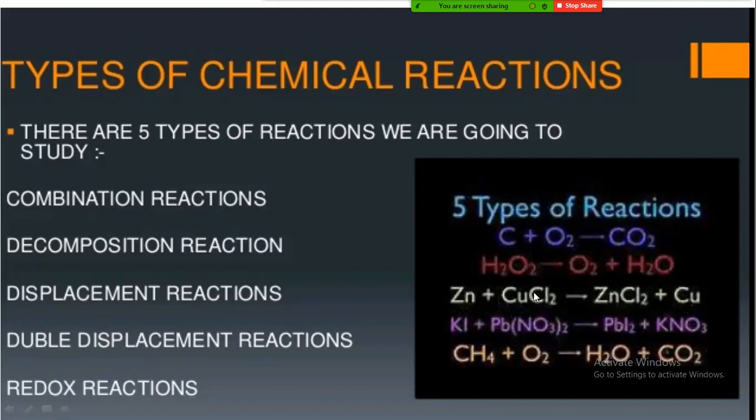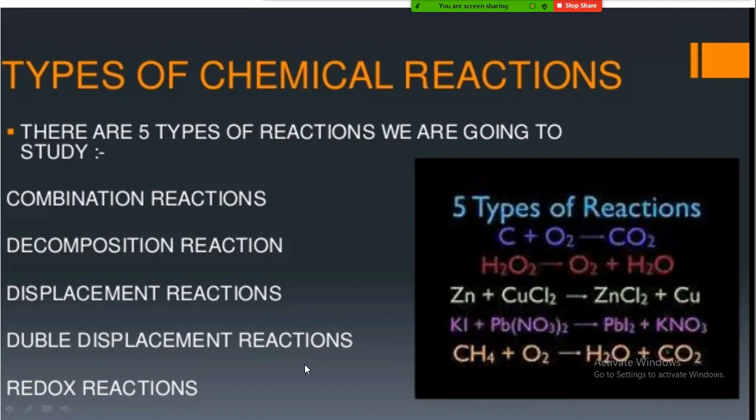So this Cl2 directly shifts to zinc, and Cu is left without anything. So this one is displaced. And double displacement means exchange. KI, potassium iodide plus lead nitrate, when reacted with each other, give lead iodide and potassium nitrate.